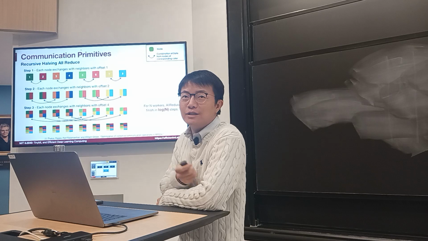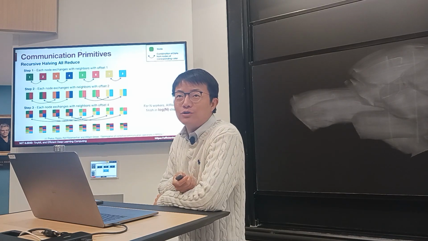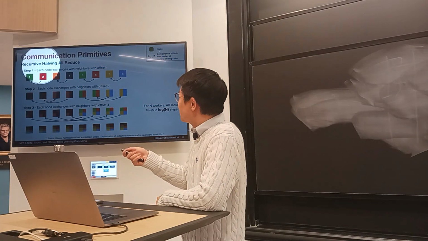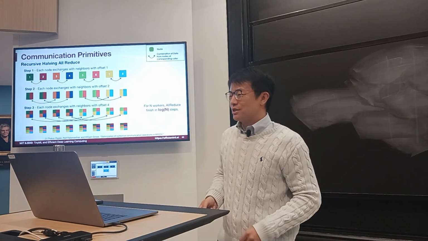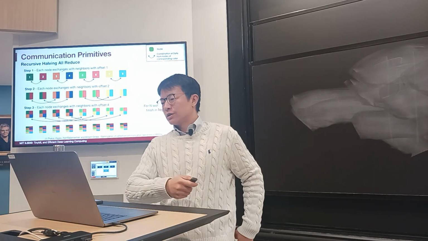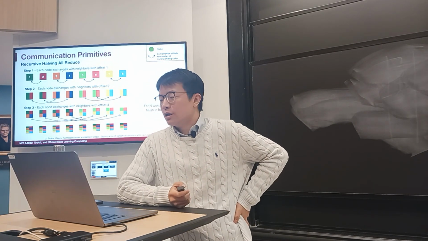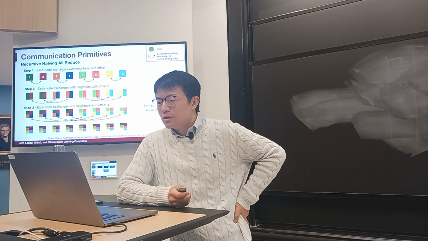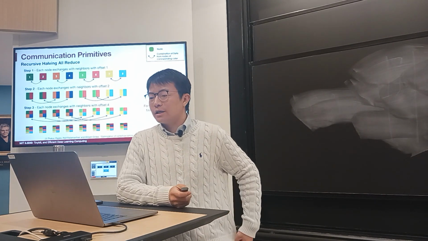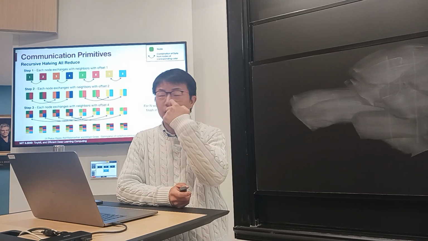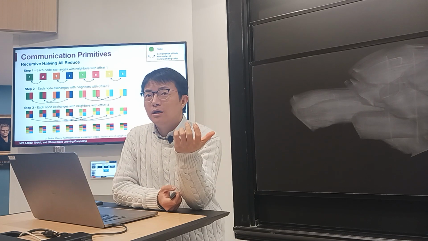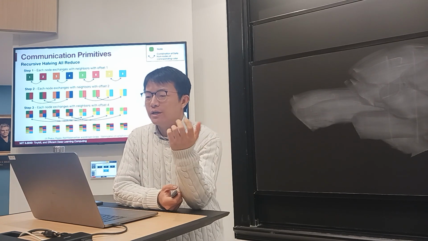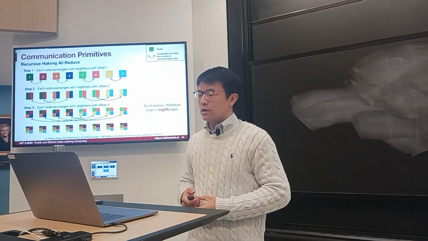People also call it butterfly all-reduce because this structure looks like a butterfly, but not exactly. So for n workers, all-reduce can finish within log n steps. This is a much more widely used technique compared with the parameter server. In our lab, we do a lot of distributed training, but we don't use a centralized parameter server. Instead, we use this all-reduce method.